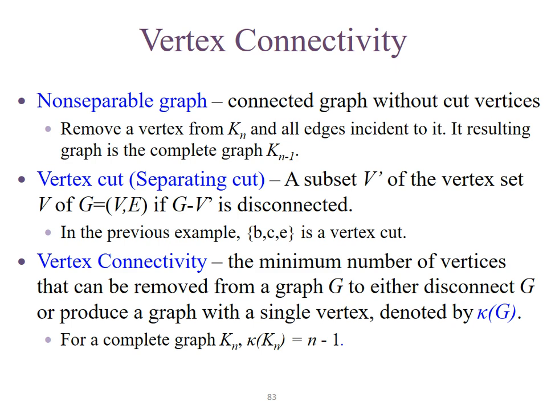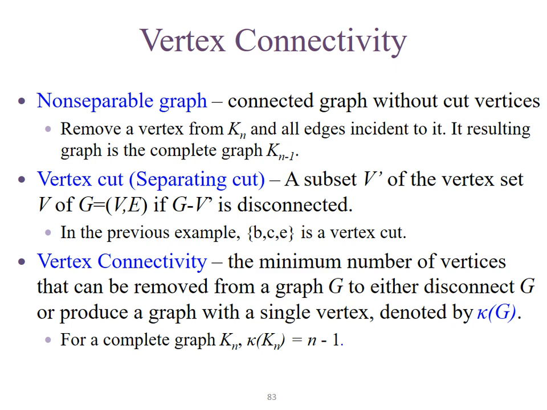Right. Next, let's see a very strong graph, which is called a non-separable graph, because it's a connected graph without any cut vertex. Remember the definition of cut vertex. You remove this vertex and make this graph disconnected. But we have some kind of graph without any cut vertex. For example, we know Kn is a complete graph.